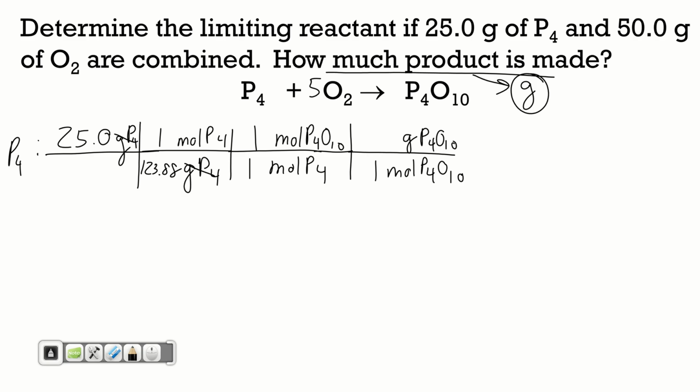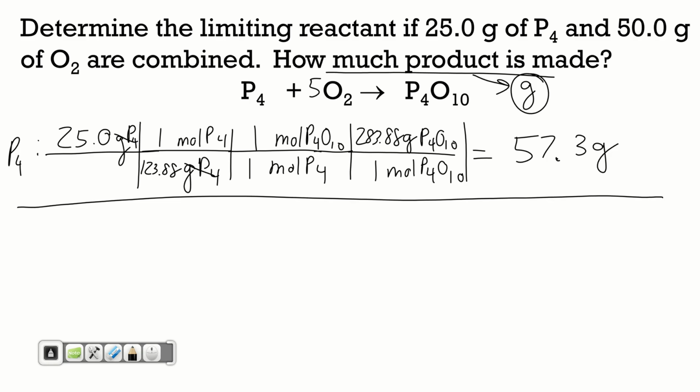And so that would be 283.88 grams. That's the molar mass. And so if I do all this, 25 times 283.88 divided by 123.88, I should produce 57.3 grams if all of the phosphorus reacts.